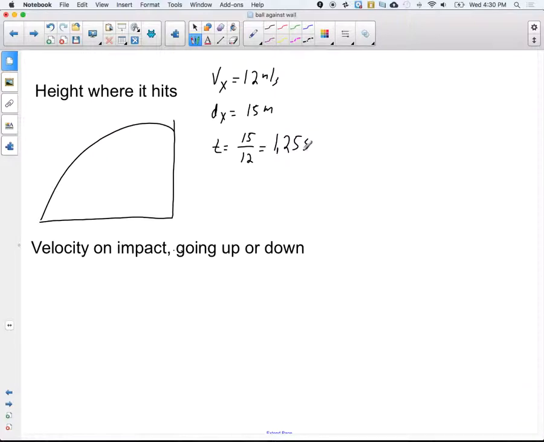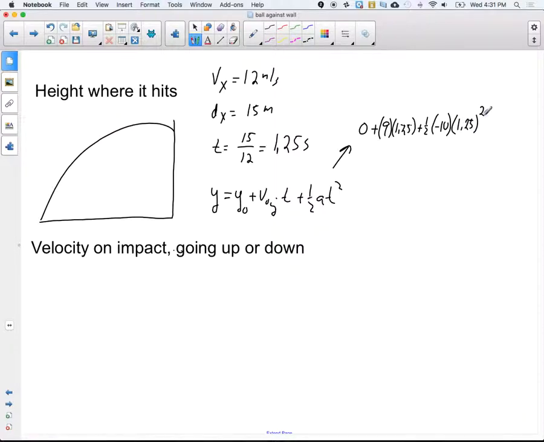So we now can use that position equation for y. Y is equal to y0 plus v0y times t plus 1/2 at squared. And if we just plug numbers in, 0 plus, remember the velocity in the y direction is 9 meters per second times a time of 1.25 seconds plus 1/2 times minus 10 times 1.25 seconds squared.